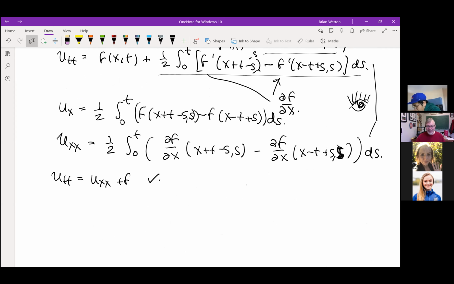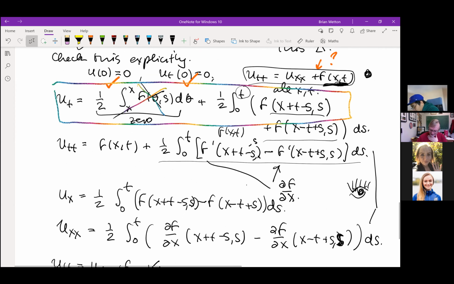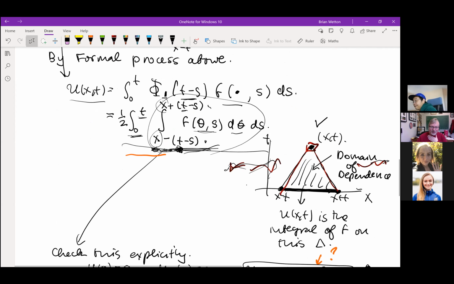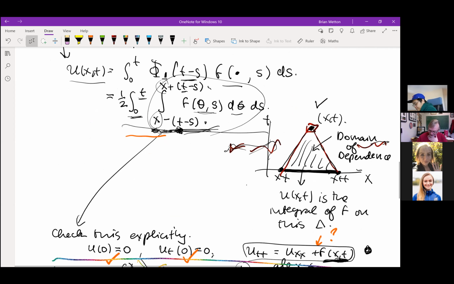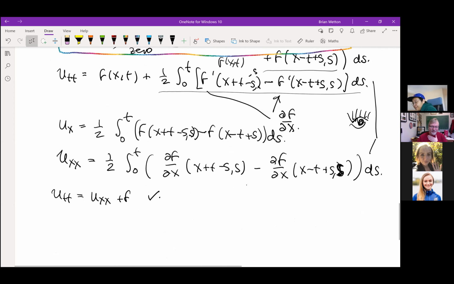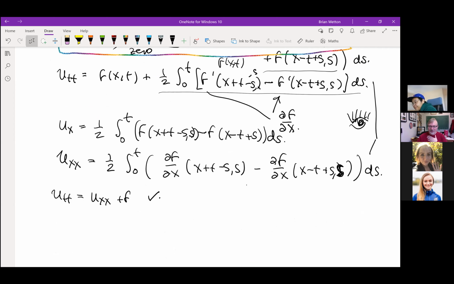So anyway, back to the big picture point. It was the abstract thinking of this DuHamel's principle argument that gave us this concrete solution to a problem that people are really interested in, right? Waves and how they behave. This is a very useful result. Extremely concrete, right?